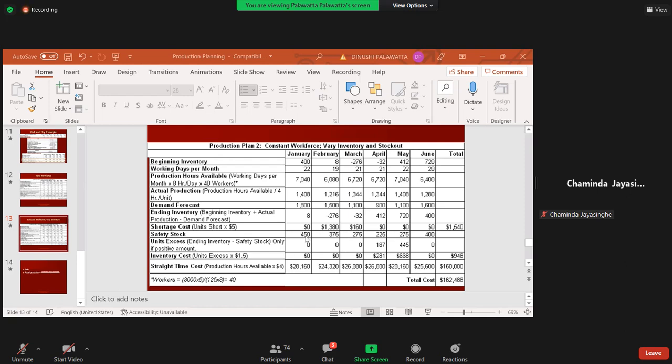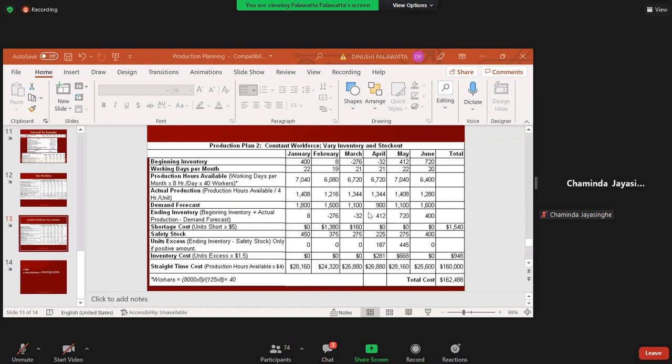So then, demand forecast is 900. The ending inventory you calculate: beginning inventory is minus 32, actual production 1,344, minus demand forecast, you get 412.